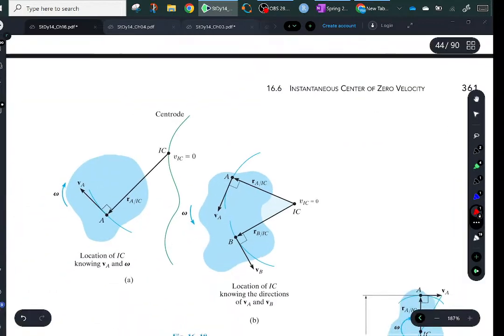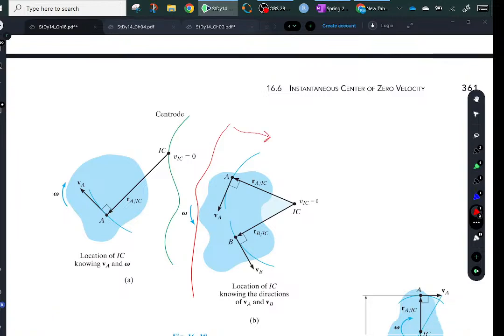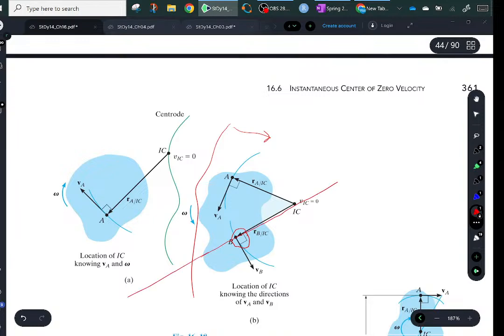Let's take this one to the right first. If you know two spots on a body and you don't know their actual velocity, but you do know the direction of the velocity, then you draw a perpendicular to it and extend the line out.